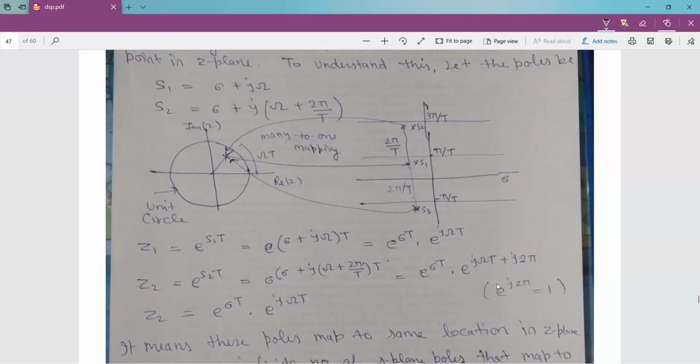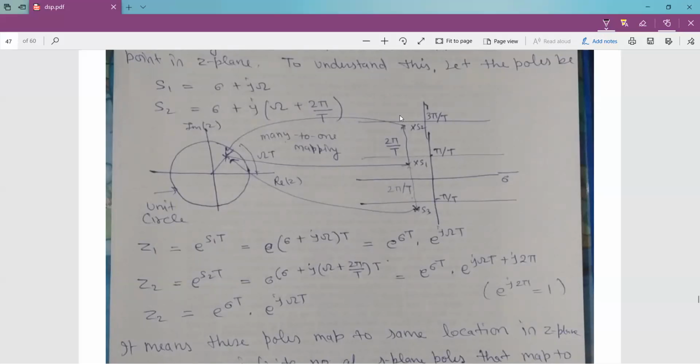The value of e raised to the power j2 pi is 1, so you get the same pole location for Z2 as Z1. The conclusion is that if poles are separated in the S plane by phase 2 pi by T, they all map to the same point on the Z plane.